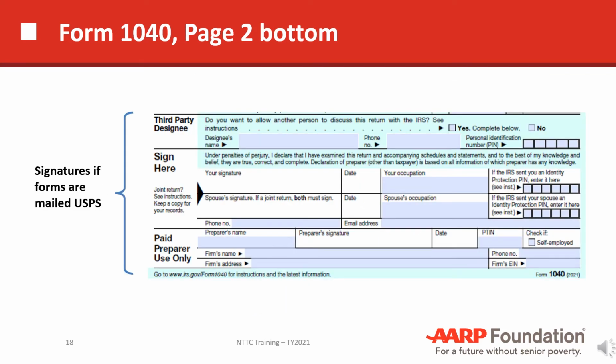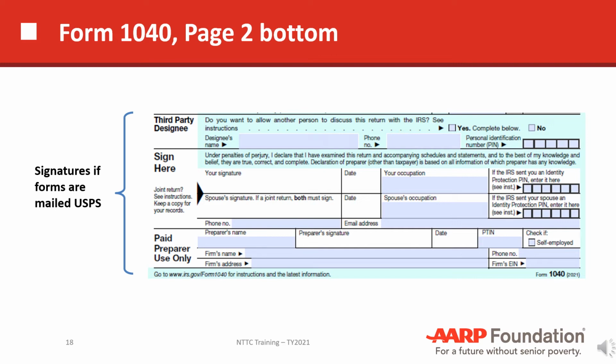Here's the bottom of page 2 on the standard 1040, and you can see here that all that really is going on is that there's a place for a third-party designee, which in Tax-Aide you will not see anybody listed here as a third-party designee, so we can completely ignore that. There's also a place for signatures.